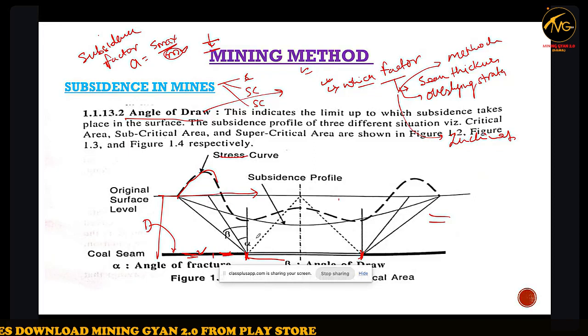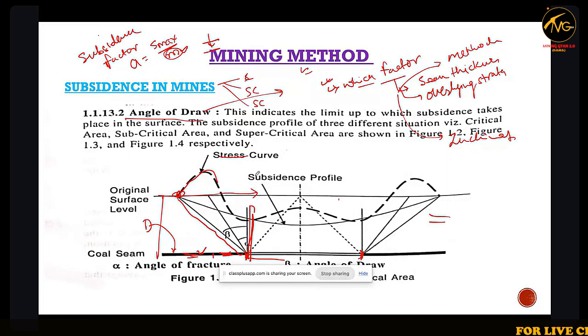So what is the angle of draw? The angle of draw is this one, measured from the vertical to the point where subsidence started.